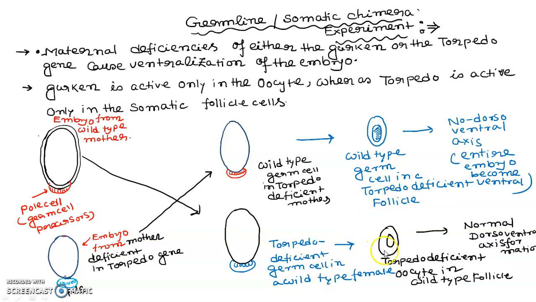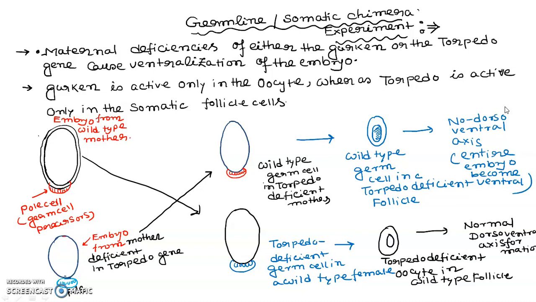Now here you can see Torpedo deficient oocyte in wild type follicles, normal dorsoventral axis formation. Here we are just interchanging the pole cells. In one, the follicle cytoplasm is deficient in Torpedo, so it leads to ventralization. There is no dorsoventral axis specification, all become ventralized.